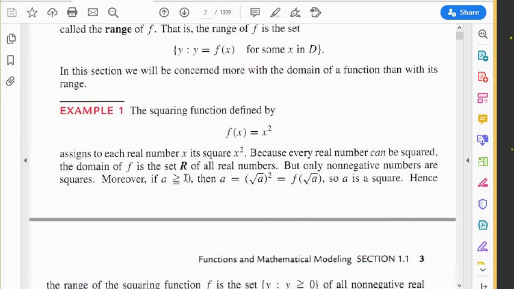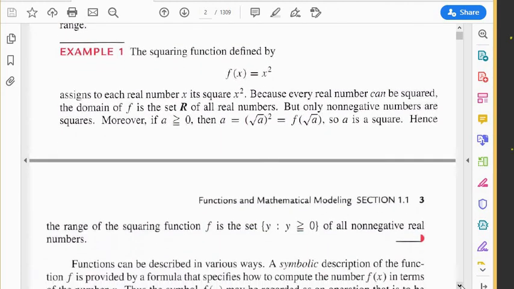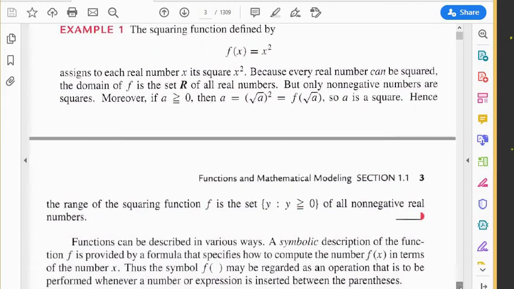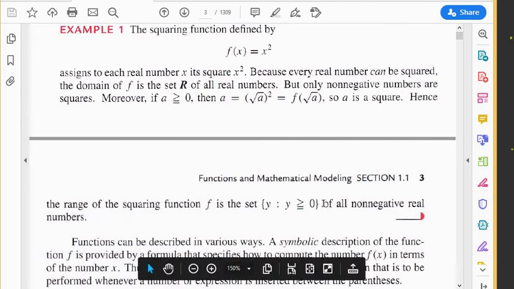Because a is more than or equal to 0, we can say that the range of the output of this function is all the non-negative real numbers, which is stated right over here. So the range of the squaring function f is the set of y more than or equal to 0, all non-negative real numbers.